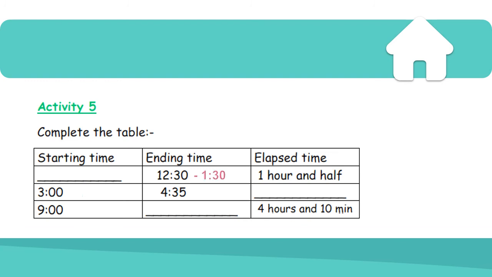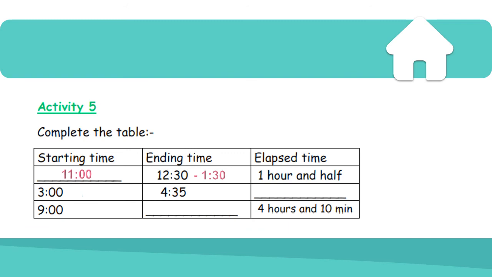Let's subtract the minutes. 30 minus 30 will be 0. So it will be 2 zeros. And 12 minus 1 will be what? 11. So the starting time was 11 exactly. 11 o'clock.